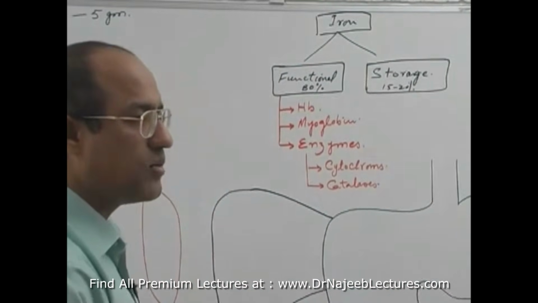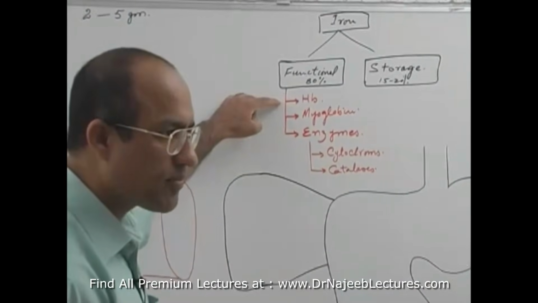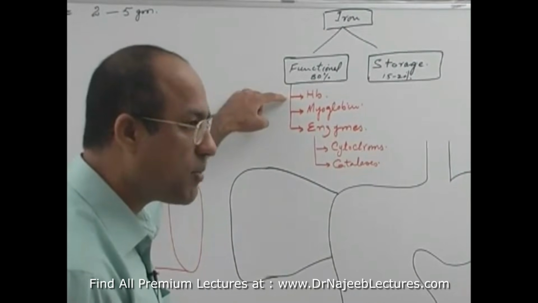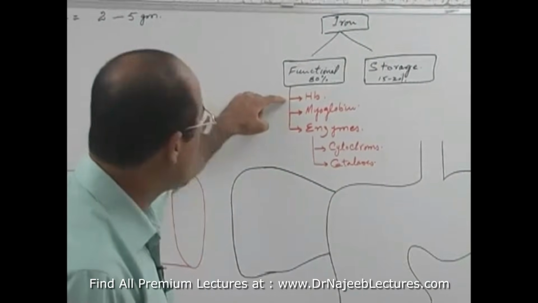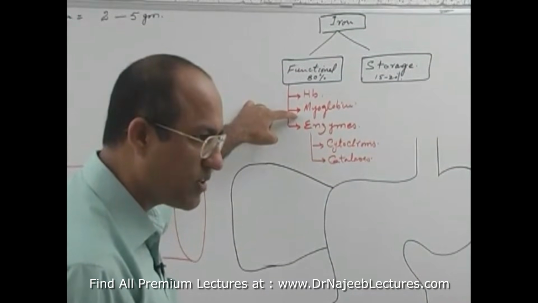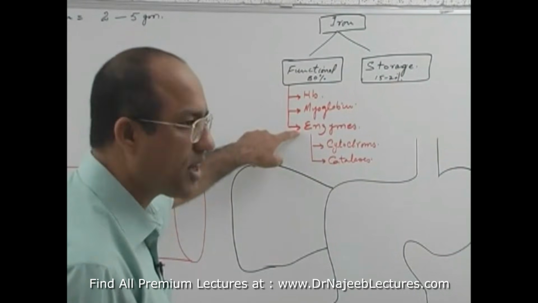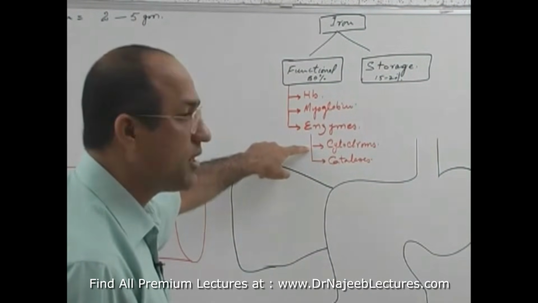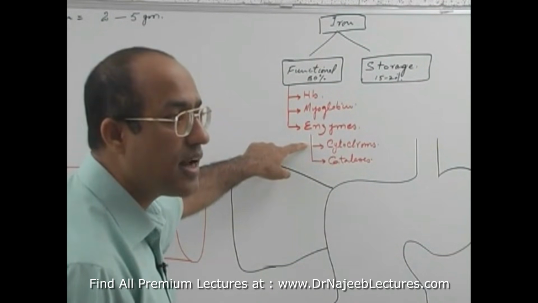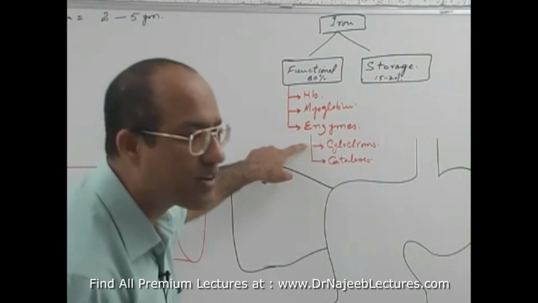Functionally active iron, which is really doing physiological functions, is present in hemoglobin. In the heme component of hemoglobin, iron helps in transport of oxygen. Iron is also present in myoglobin, which is in the muscles and also binds oxygen. Then iron is present in enzymes like cytochromes and catalases. Cytochromes are very important as part of the electron transport chain in mitochondria.